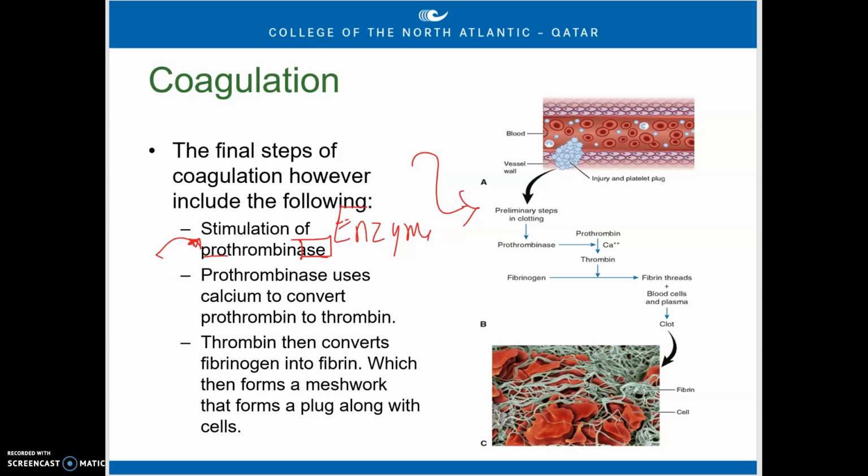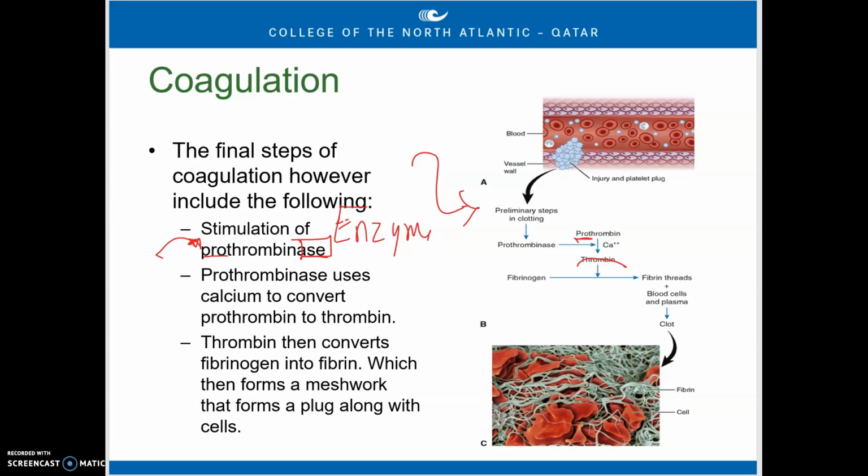Prothrombin is still a precursor. So prothrombin will then turn into thrombin. Thrombin will then react with another protein called fibrinogen, and that produces yet another protein called fibrin.